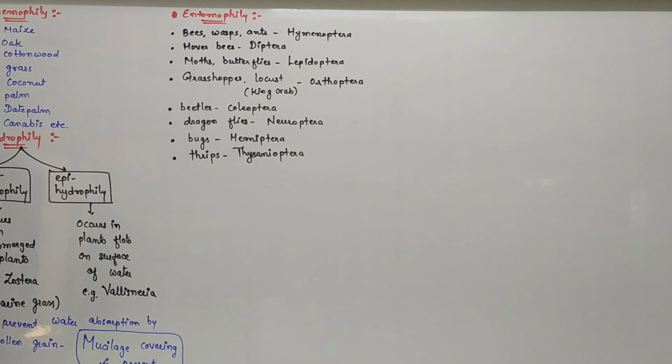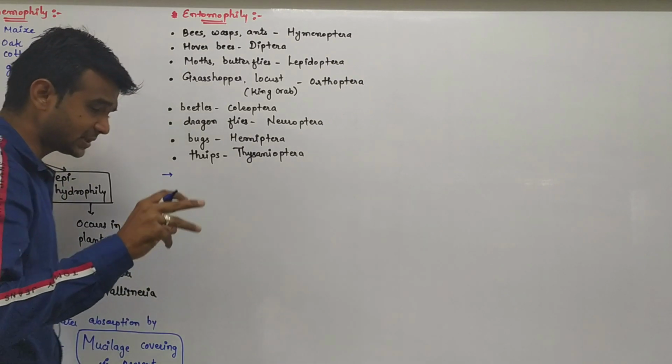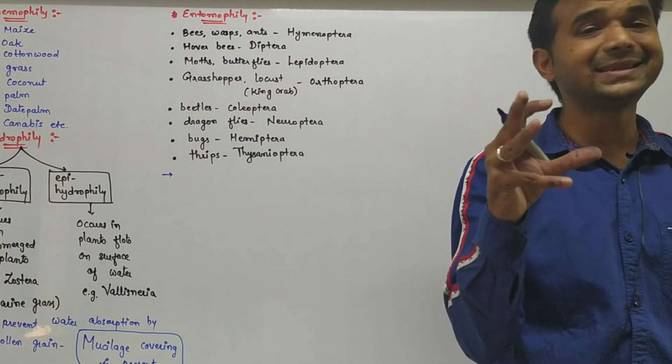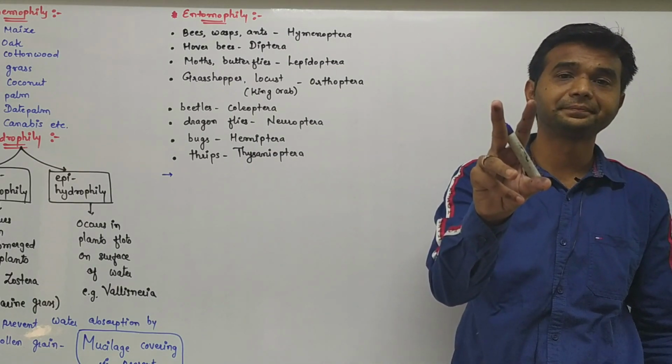These insects act as vectors. Now here some plants consist of nectariferous glands. What is the speciality of entomophily? Insects through pollination, here two things are there.